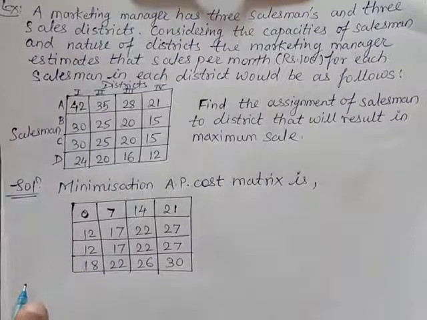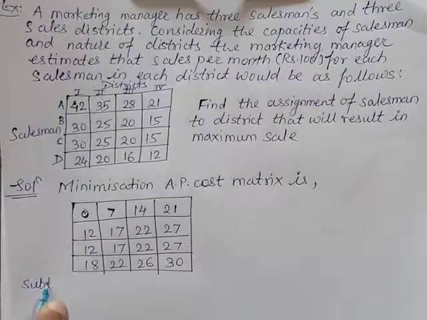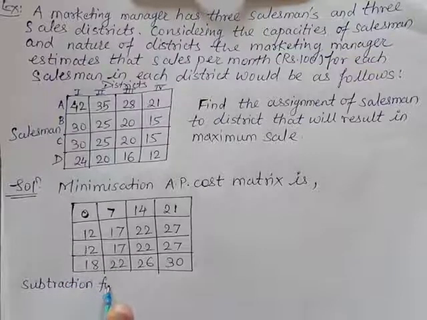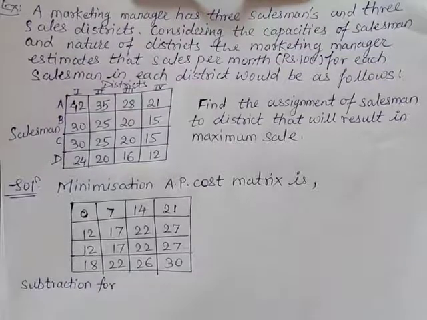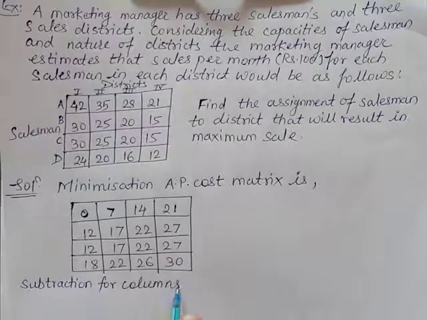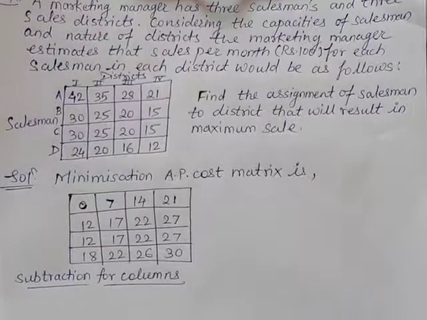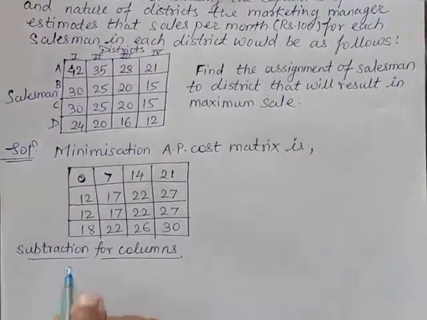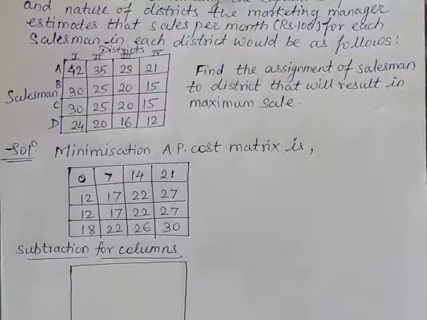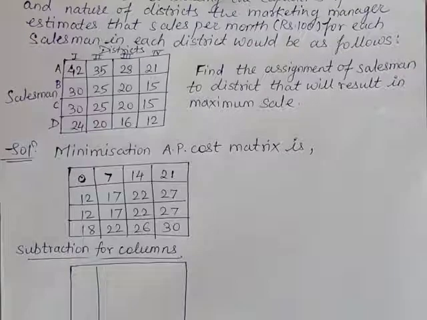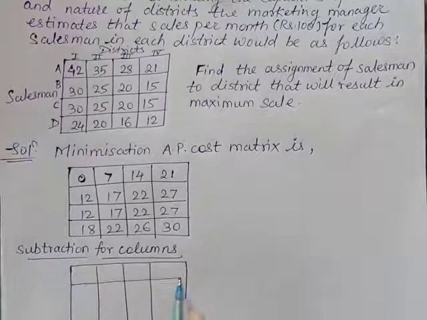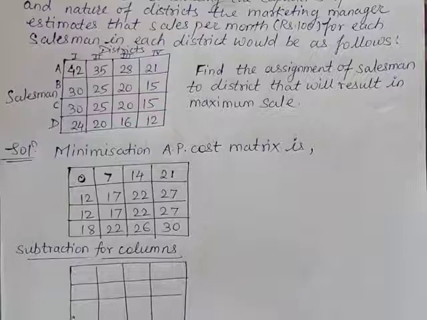Now subtraction for columns. We get the matrix as follows.